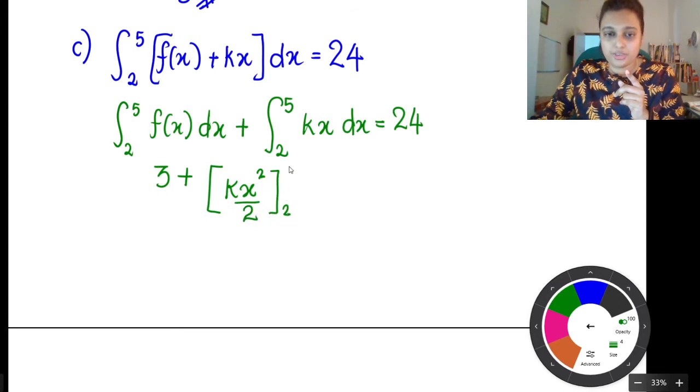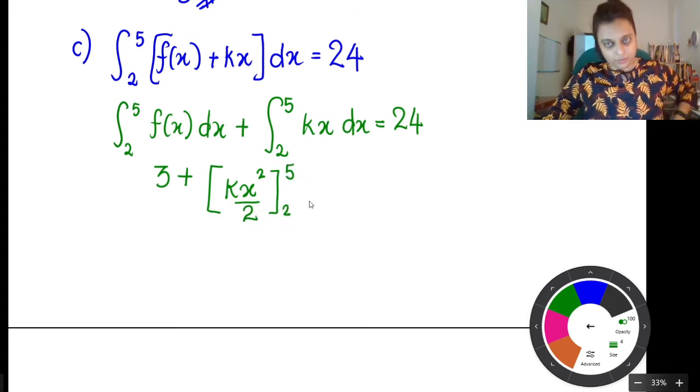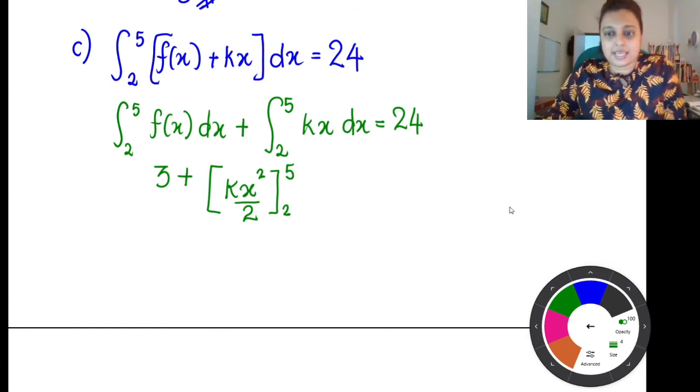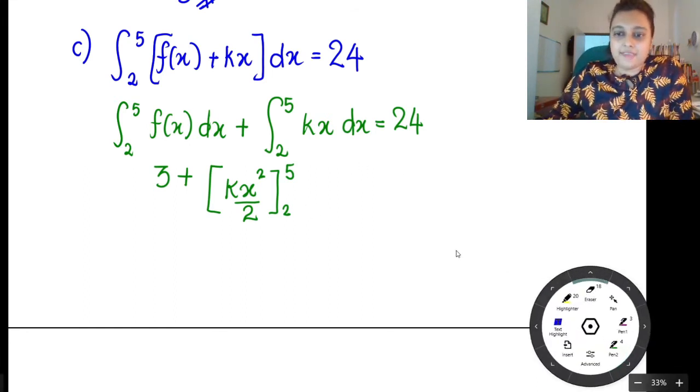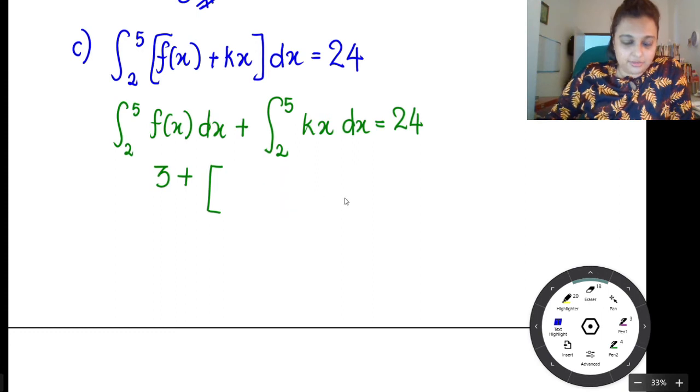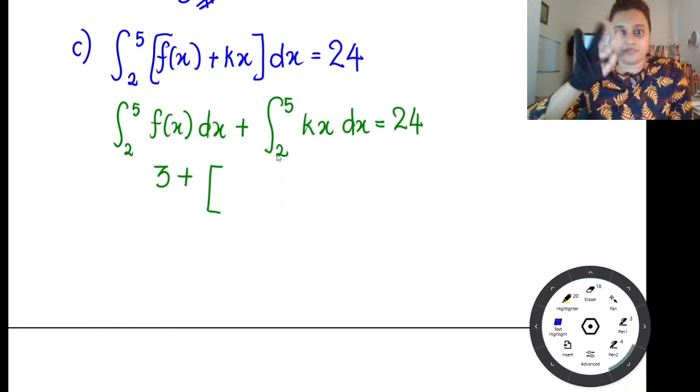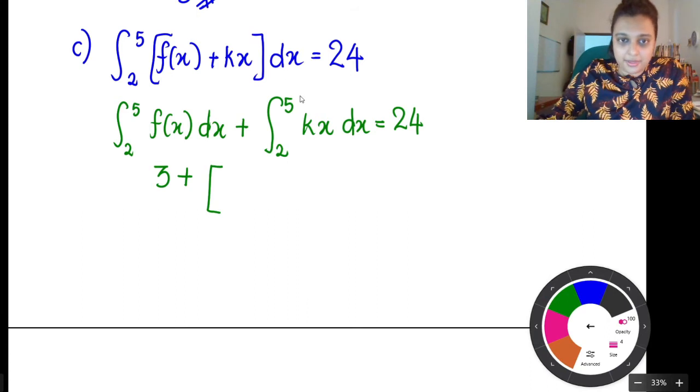Usually there's another thing you can do here. If you see a constant, or a letter, a number in front of the x, you can take this k and put it outside.